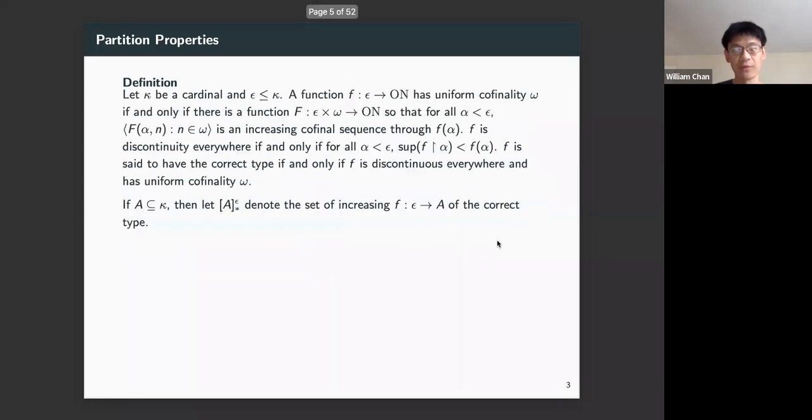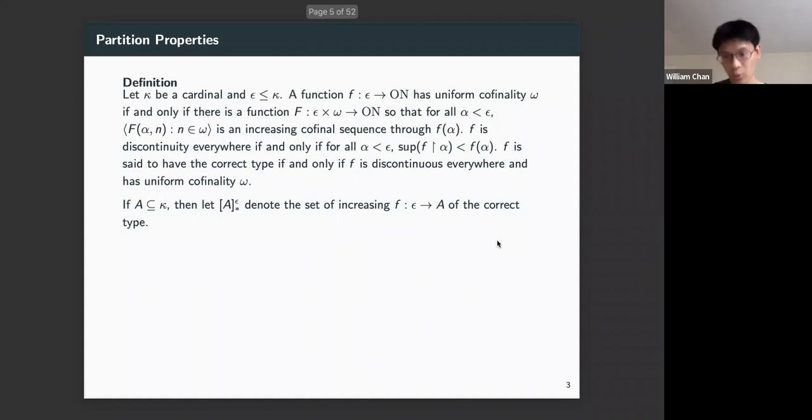First, a little bit of notation. A function f from epsilon into the ordinals is said to have uniform cofinality omega if and only if there is another function capital F from epsilon cross omega into the ordinals, so that for each alpha, the sequence F(alpha, n) as n ranges over omega gives an increasing cofinal omega sequence through f of alpha.